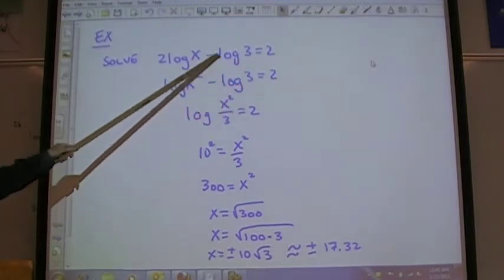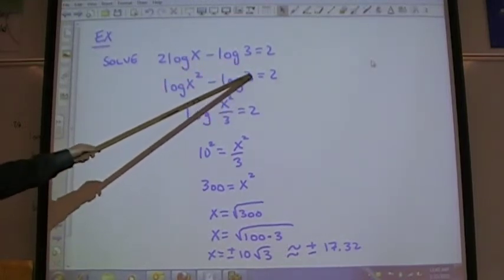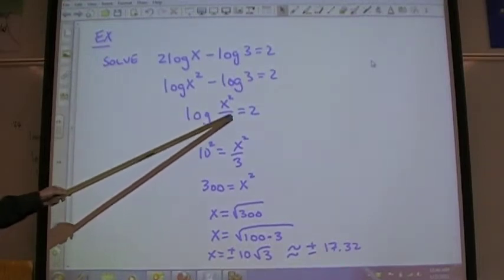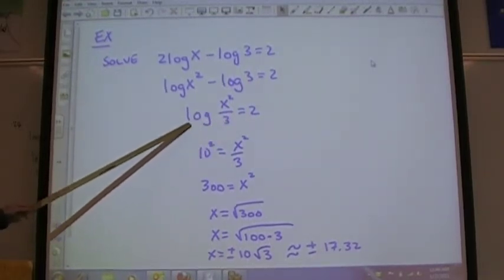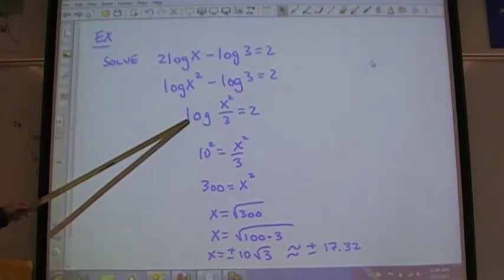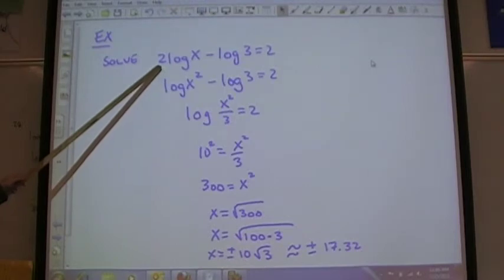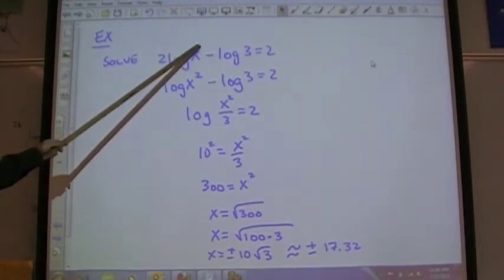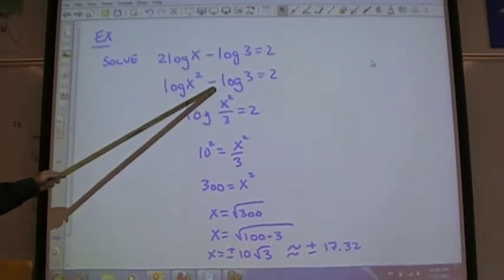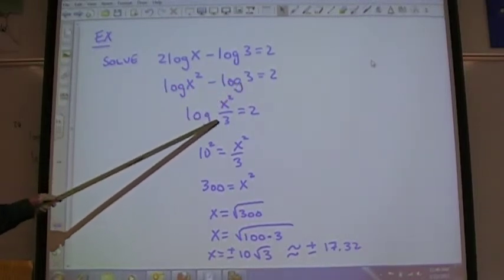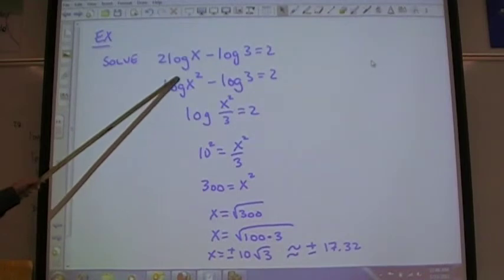So I'm going to condense this side to one logarithm, make it log of x squared over 3 equals 2. Are we good up to here? Wait, I'm confused. Where? You understand how the 2 came up? Because of the exponent, power property. And subtraction, what goes with subtraction? Division. Put these two together and divide them. And make it one logarithm.